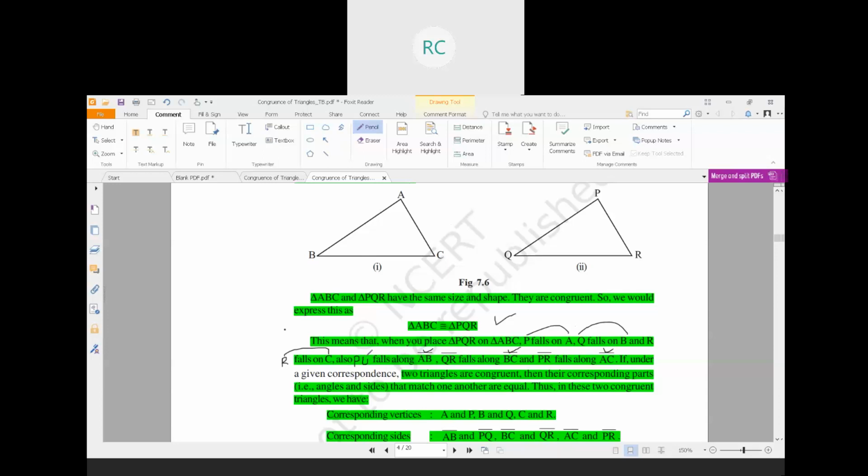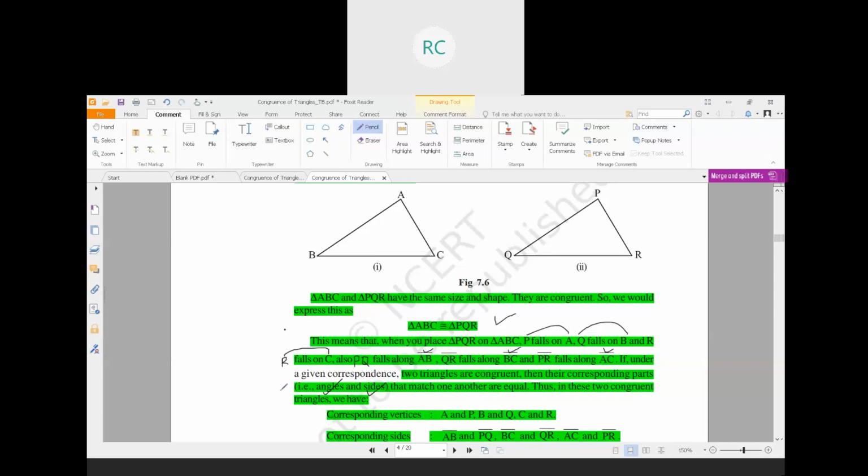Alright? This is called correspondence. It means if two triangles are congruent, then their corresponding parts, be it angles or sides, they match one another.